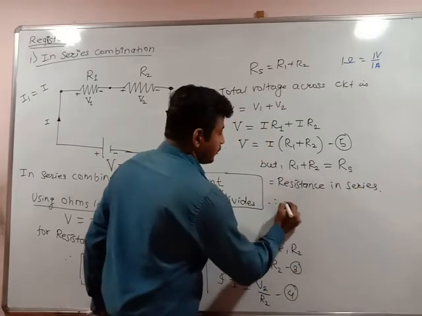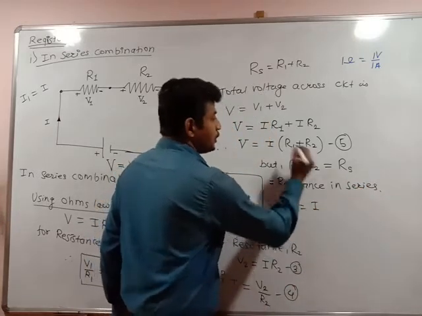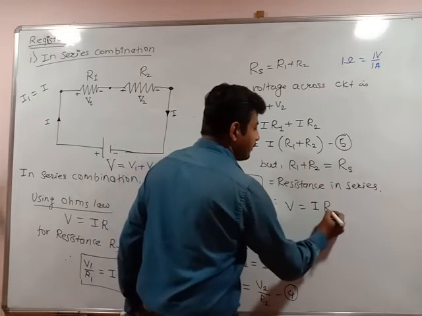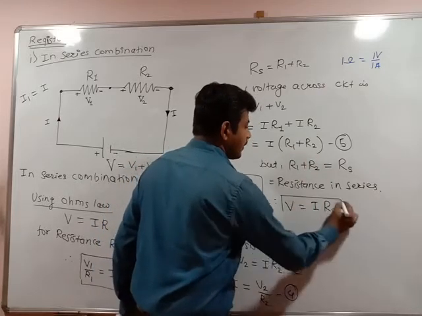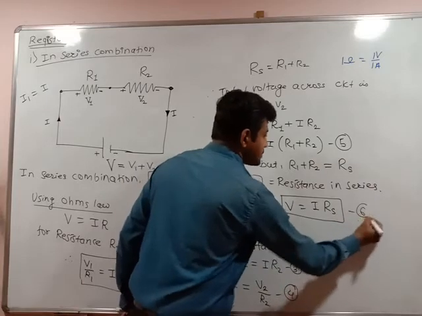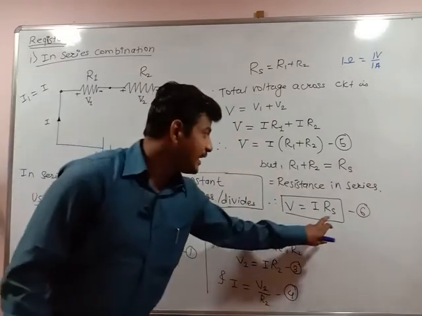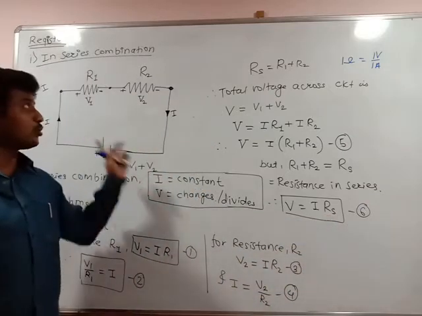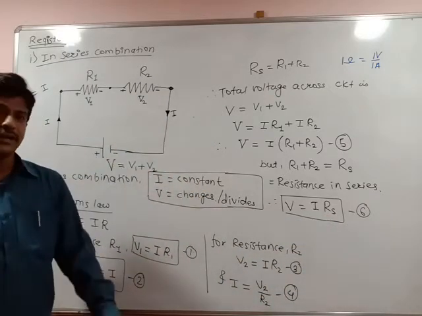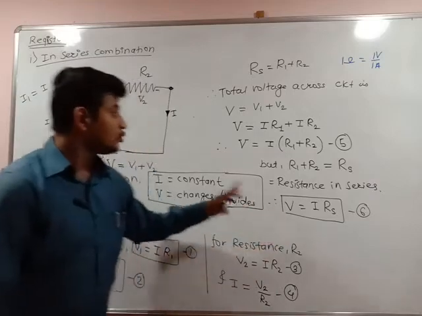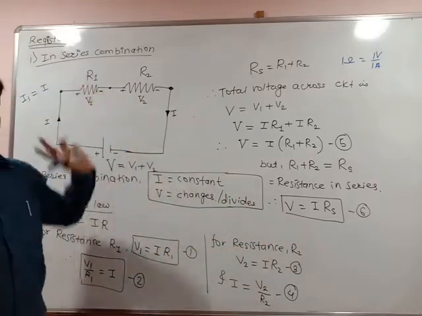Therefore V is equal to I into R1 plus R2, which can be written as Rs. This is equation 6. What is this Rs? It is the equivalent resistance or the total resistance in a series combination. So this is the equation to get the series combination resistance.